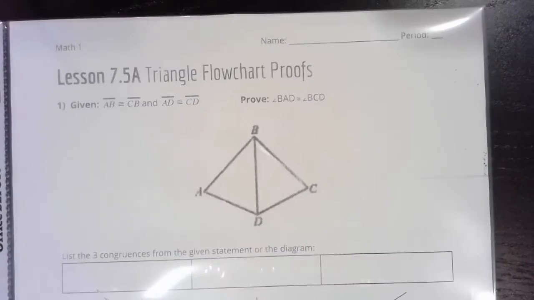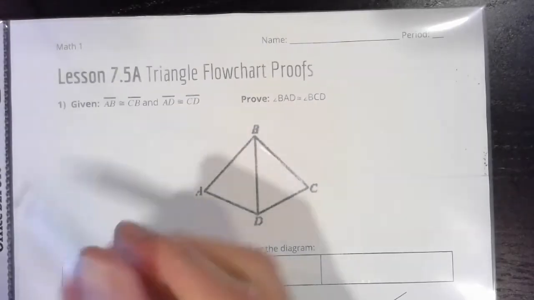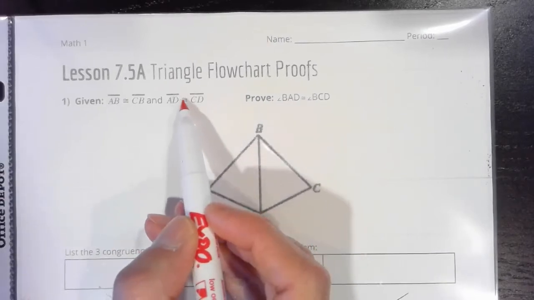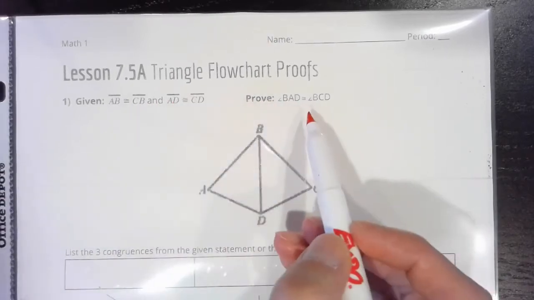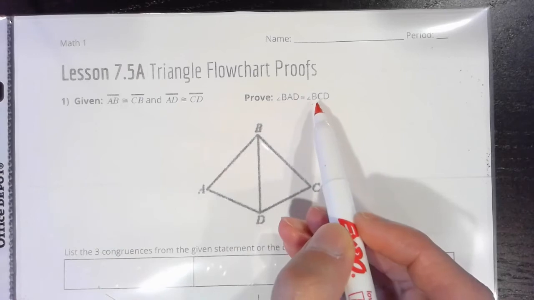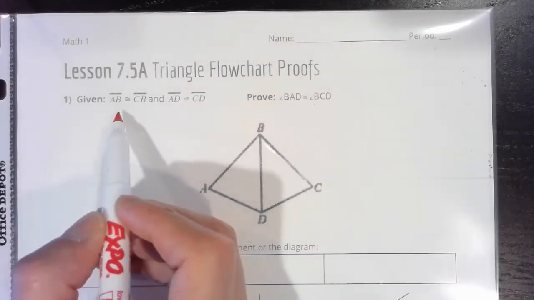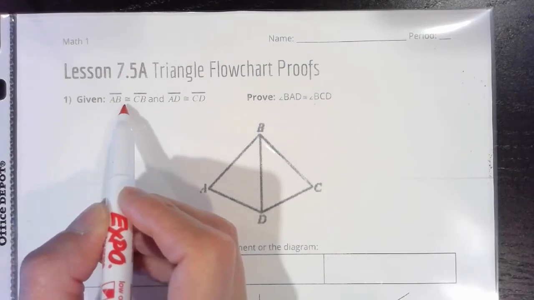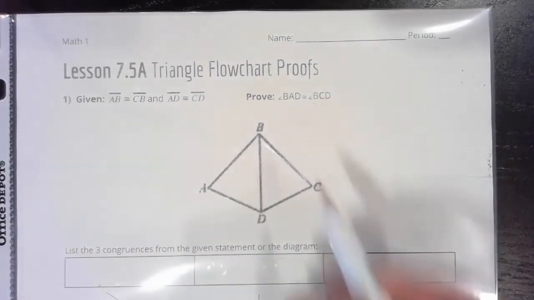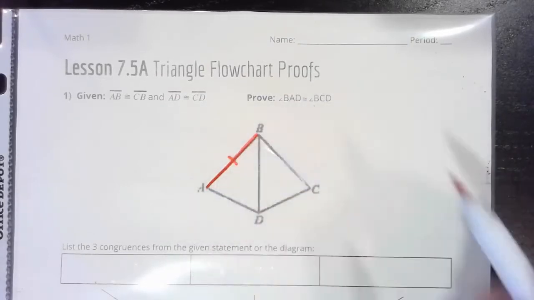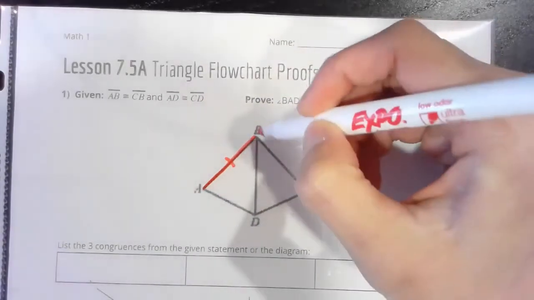For each of these problems, you're going to be given certain pieces of information, and then using that information, prove another piece of information. So in this case, we are given the information that side AB is congruent to side CB. So I'm going to mark that on the diagram. AB, that's this side here, is congruent to side CB.